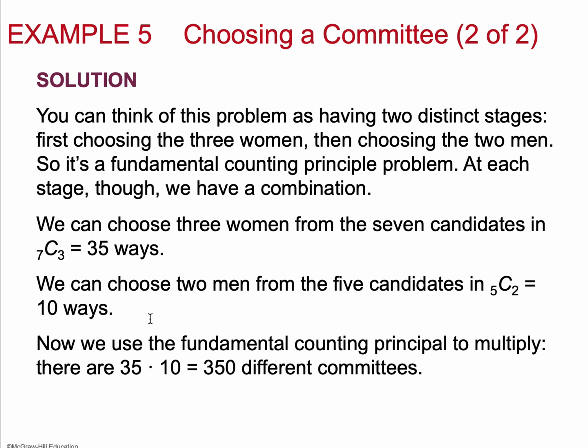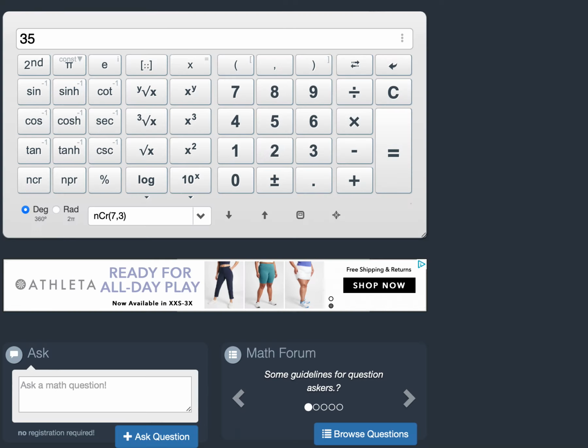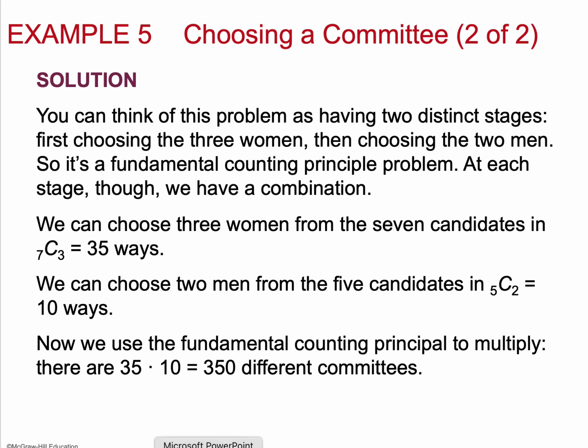Then I'm choosing 2 men from the 5 candidates, which means I have 5 men and I'm choosing 2. So 5 comma 2, and that gives me 10. So I have 35 ways to select the women, 10 ways to select the men for the committee.